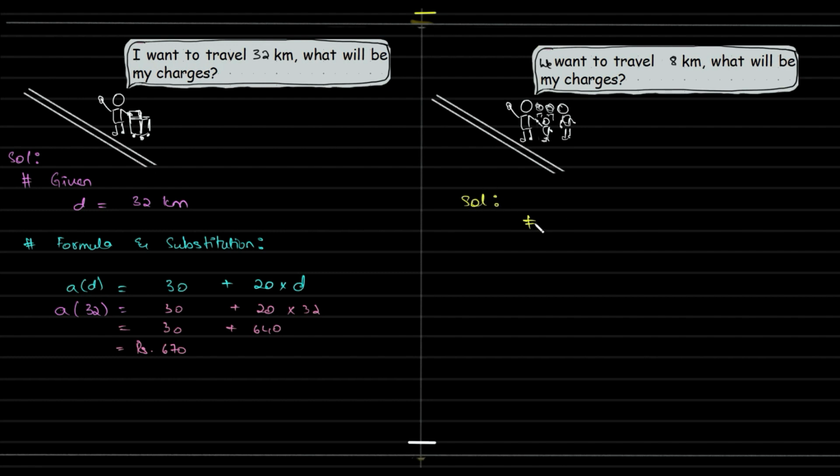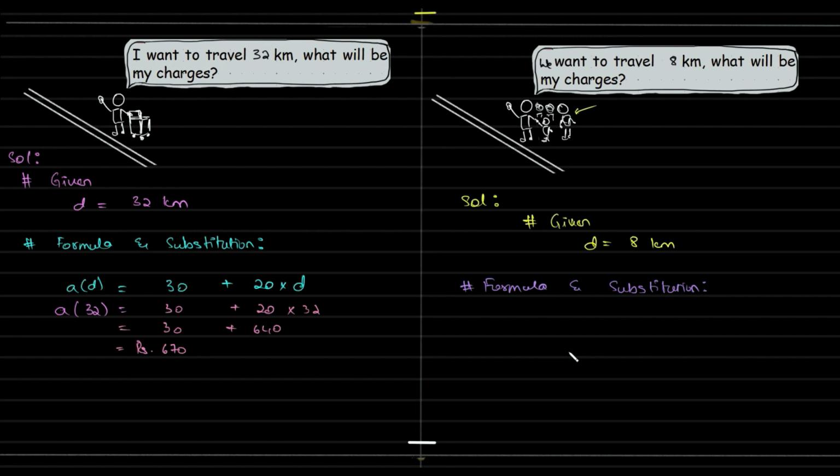So we have one more scenario. Solution. It's given that we want to travel 8 kilometers. There are a bunch of people: a lady with her kid, what looks like grandpa or grandma, and 2 more people. They want to travel a distance of 8 kilometers. So we are looking at formula and substitution.